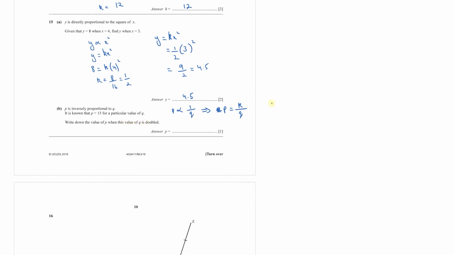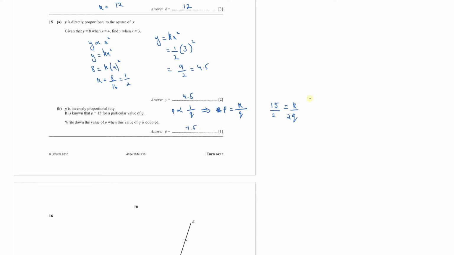So for some unknown value of Q, P is 15, which equals k by Q. Now you have to find P when Q is doubled, so instead of Q here, you will have 2Q. To keep the equation equivalent, if you are dividing by 2 on this side, you will also divide by 2 on this side. So that gives you 15 over 2, which is 7.5.